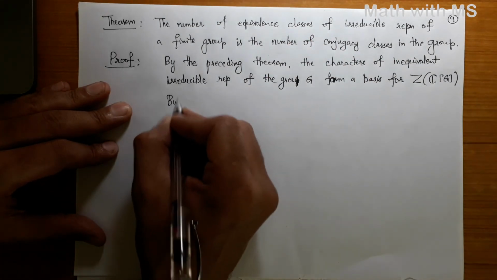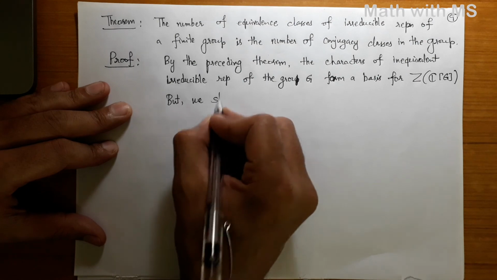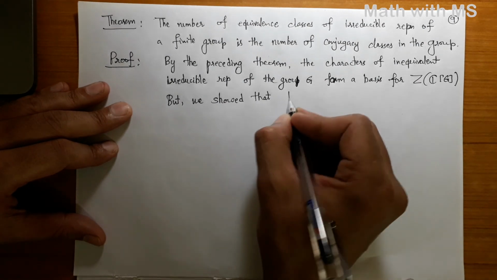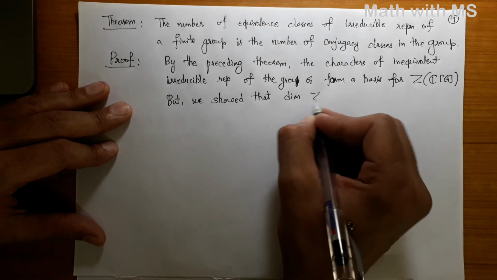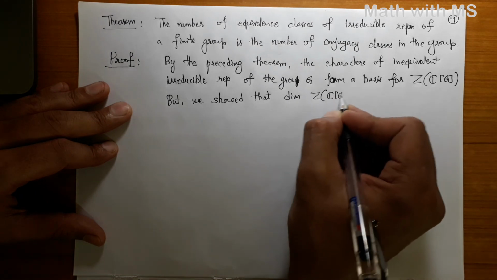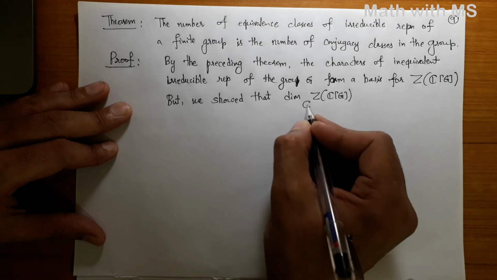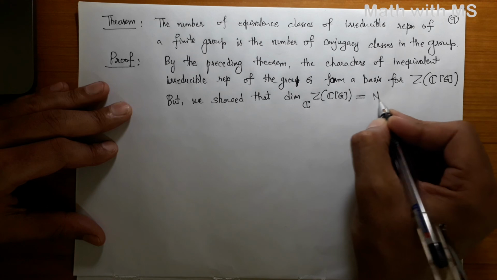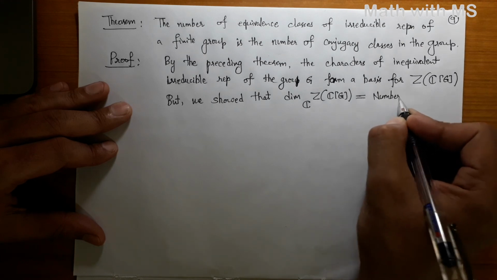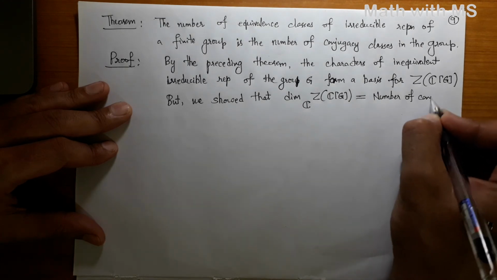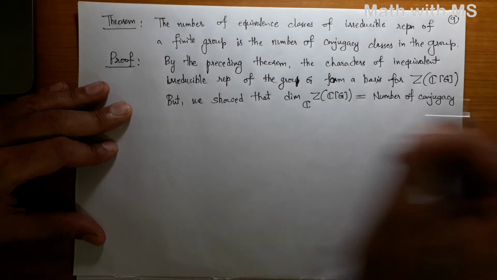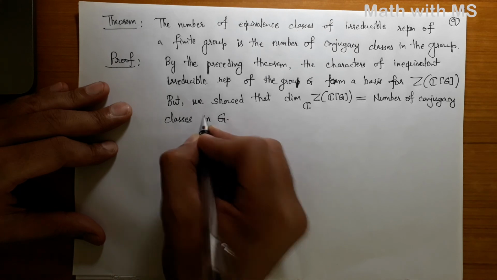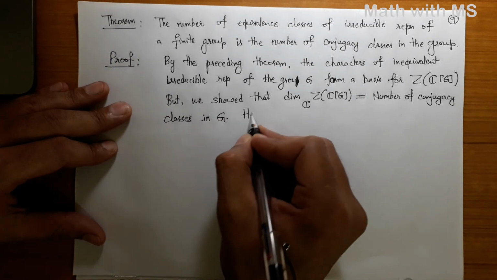But we showed that the dimension of the center of the group algebra CG as a vector space over C is precisely the number of conjugacy classes in G. Hence the result follows.